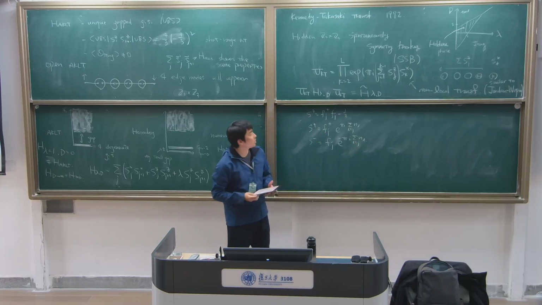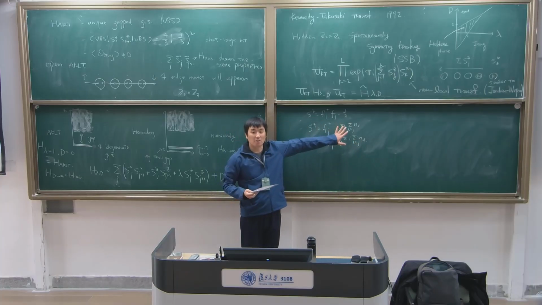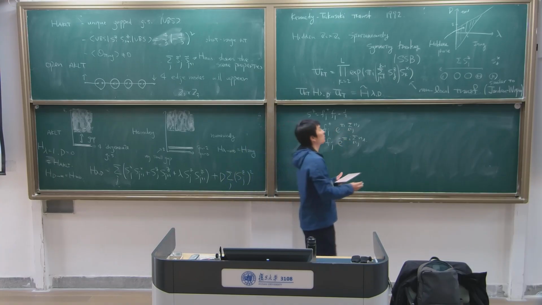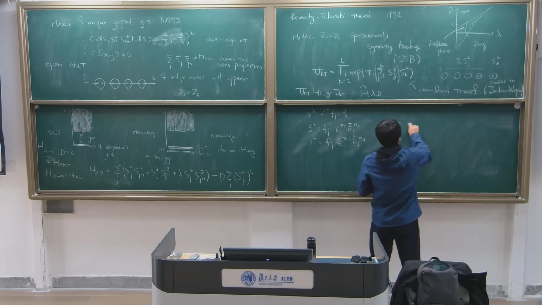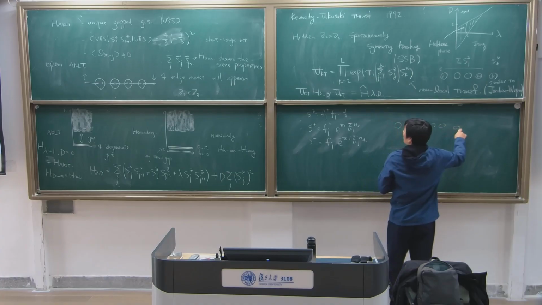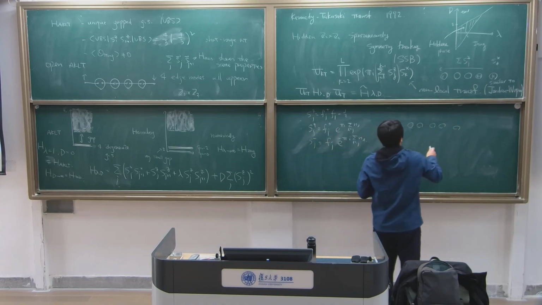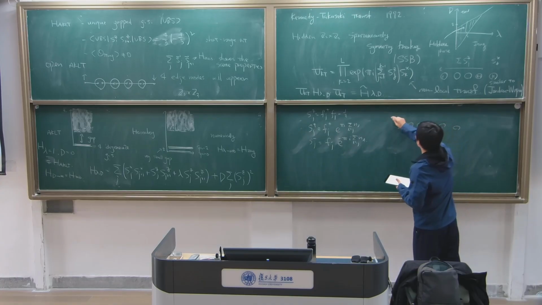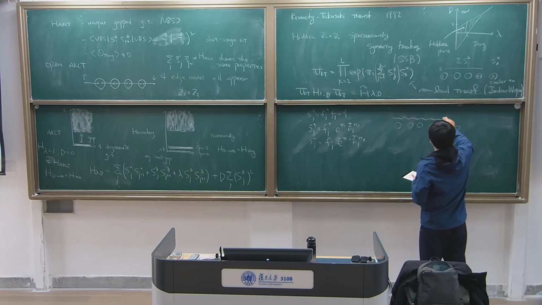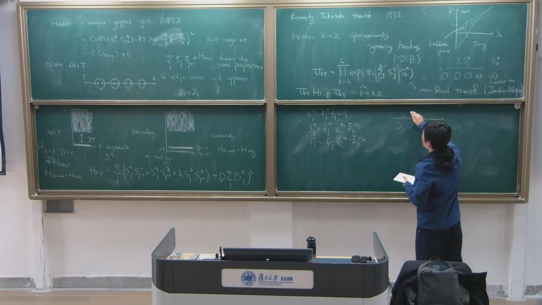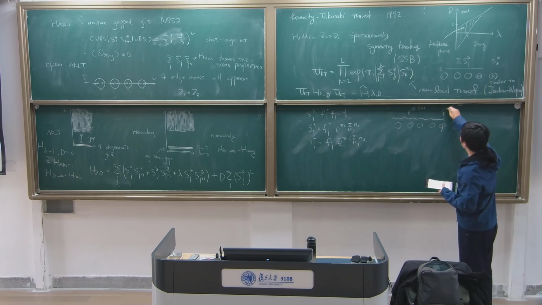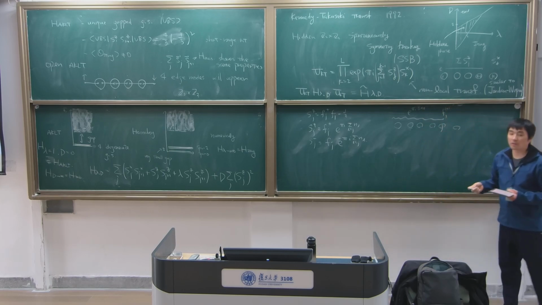So this part is very non-local. What we did is that you consider a site j, and then you consider some string attached to site j, which is e to the i pi sum over n_l, and you just apply f_j like this.